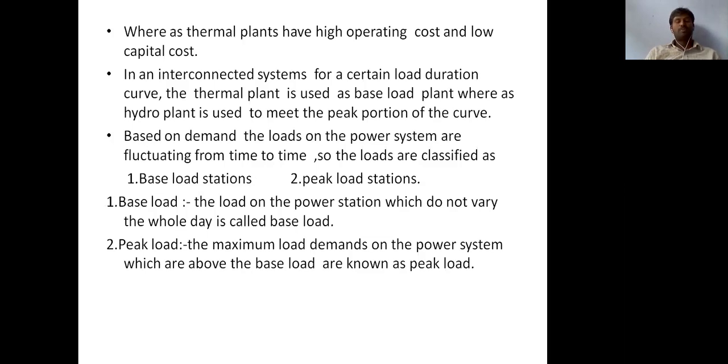So the output power of the thermal and nuclear power stations is maintained constant to keep the stations in thermal equilibrium. The examples for base load plants are thermal power plants and nuclear power plants. Some hydropower plants also come under this category because they have huge water storage capacity.